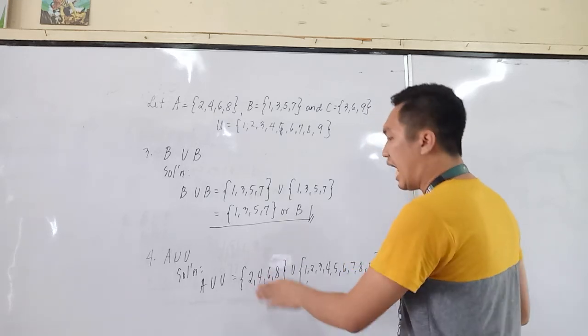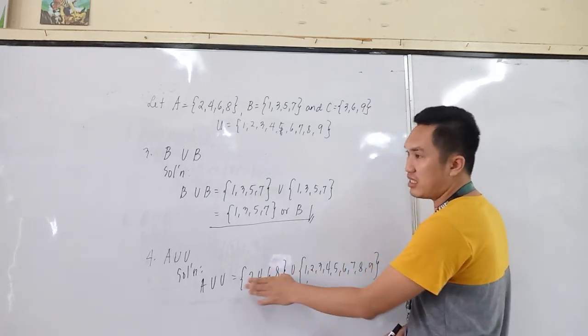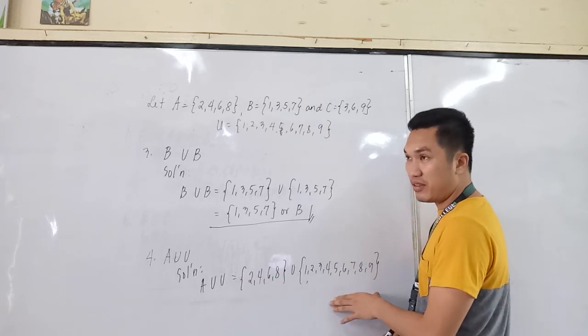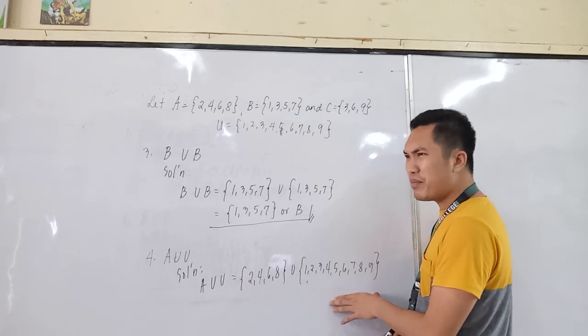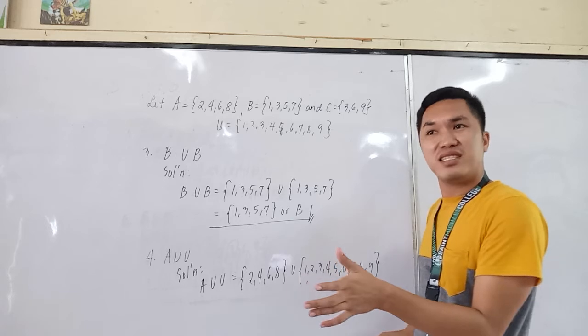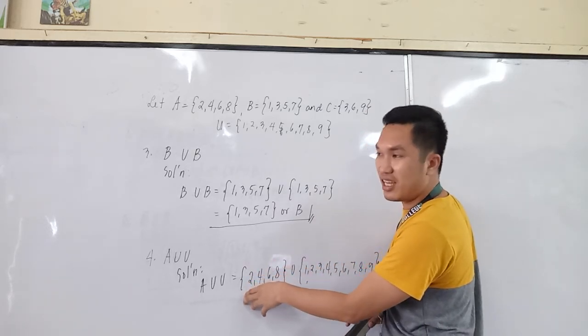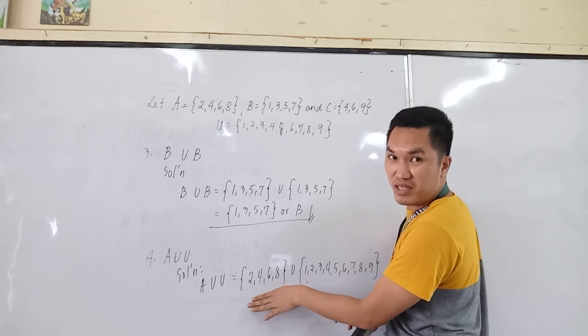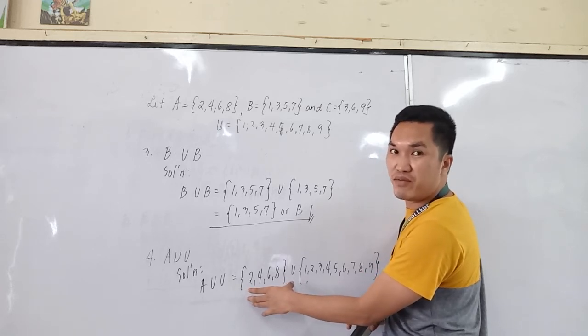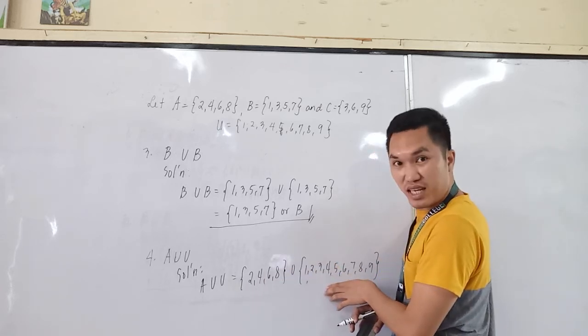Meaning to say, every set is a subset of the universal set. The elements from this set can be found in the universal set.